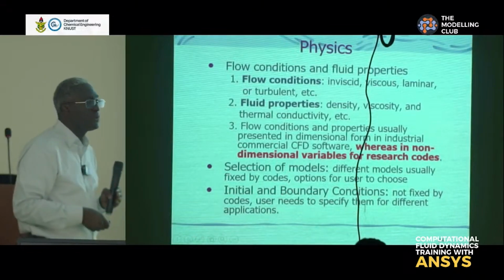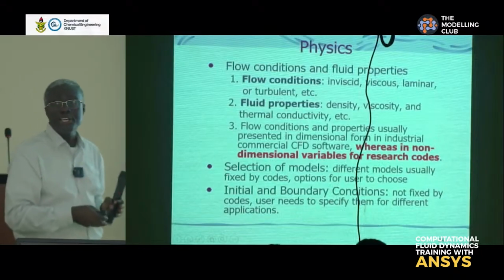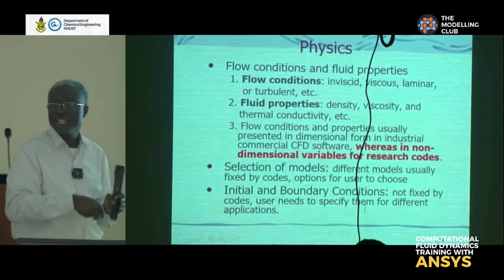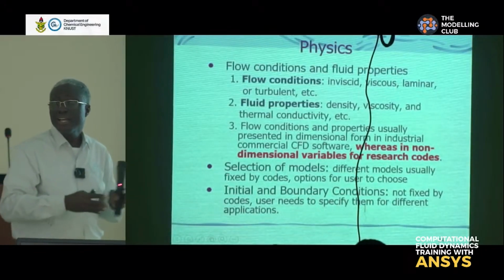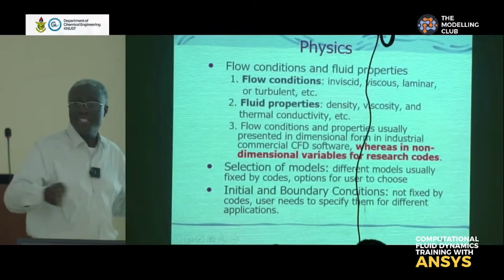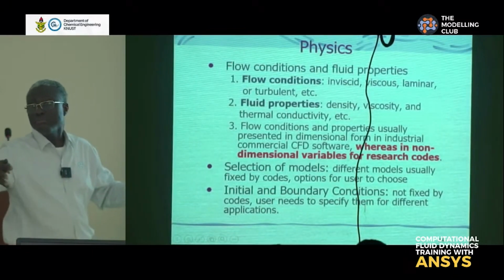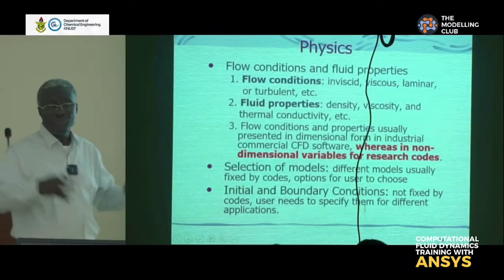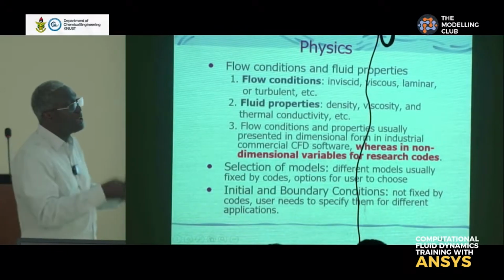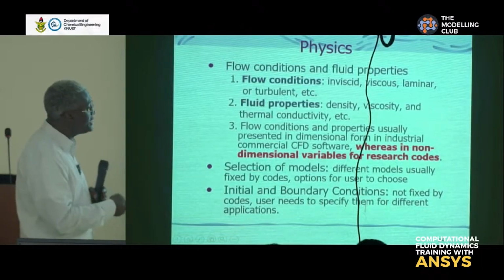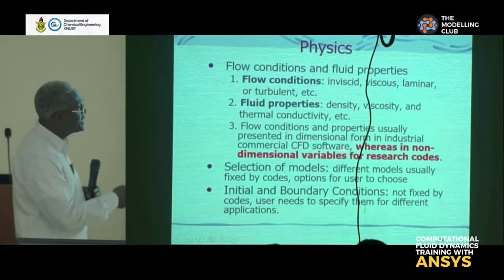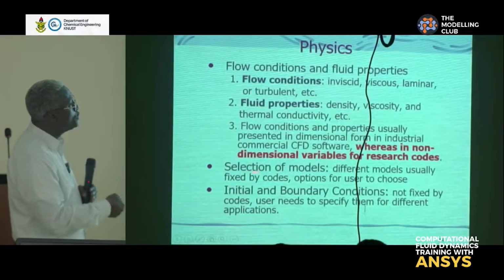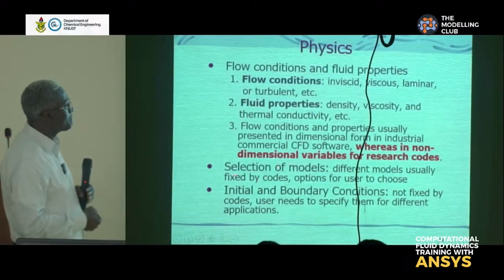There are some cases where, because of research, I want to non-dimensionalize my solution so that I can analyze my system for a whole range, okay, or I can transfer my solutions to different domains. And so for research-wise, it's best to do dimensional analysis, okay?